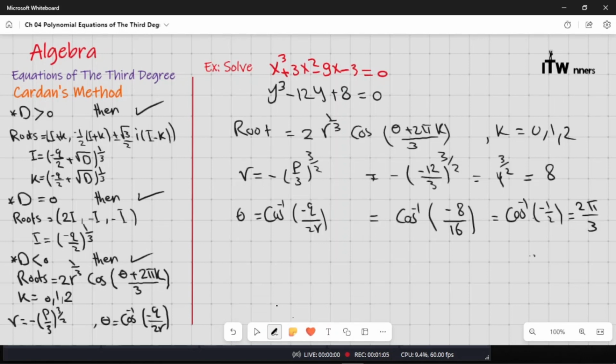Okay, just substitute with the values of r and theta to obtain our roots.